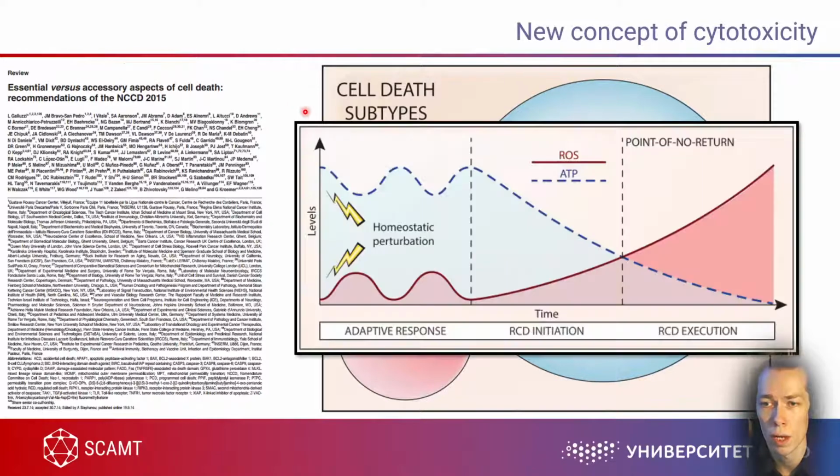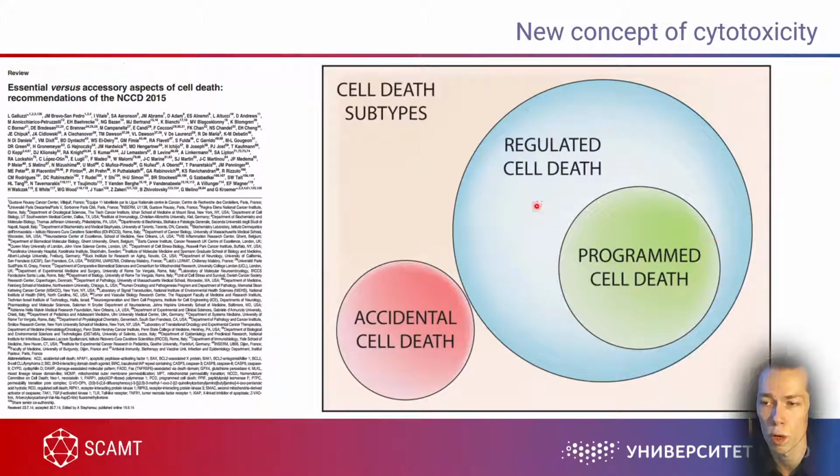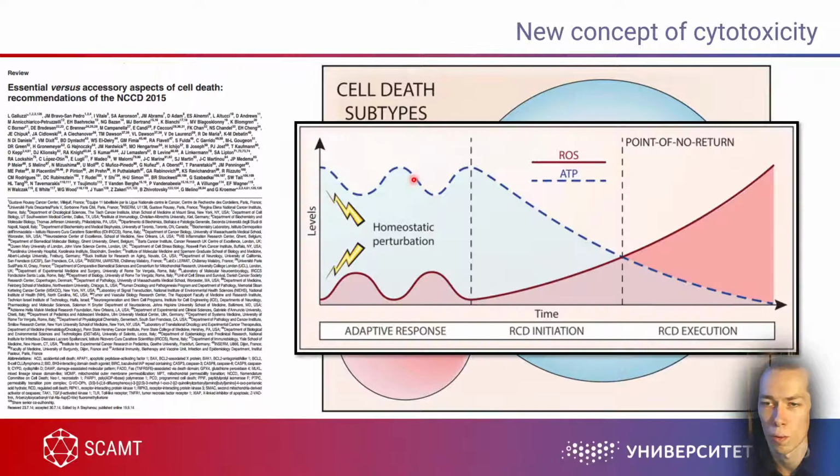And so, well, I need to discuss one important thing here from the same paper about how we can distinguish when we can talk about regulated cell death or when we cannot.